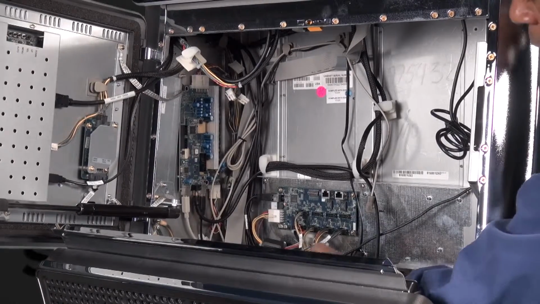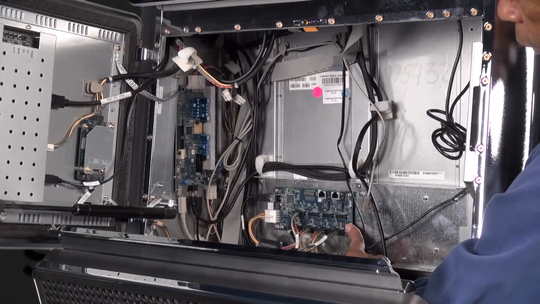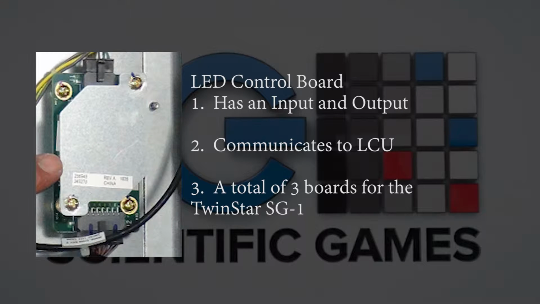To the right of the cabinet, our next board will be the lighting control unit, also called the LCU. The function of this board is to control all of the LEDs on the cabinet. You'll have an individual LED control board that attaches to the LCU that controls the input and output of each LED unit.